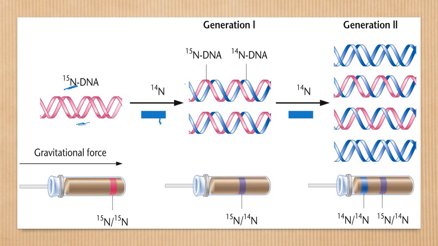This DNA is transferred into the medium. Then what happens when this DNA undergoes replication? It needs a nitrogen source to synthesize the new strand. Am I correct? Here the nitrogen source is N14, so by using that N14 it synthesizes the new strand.